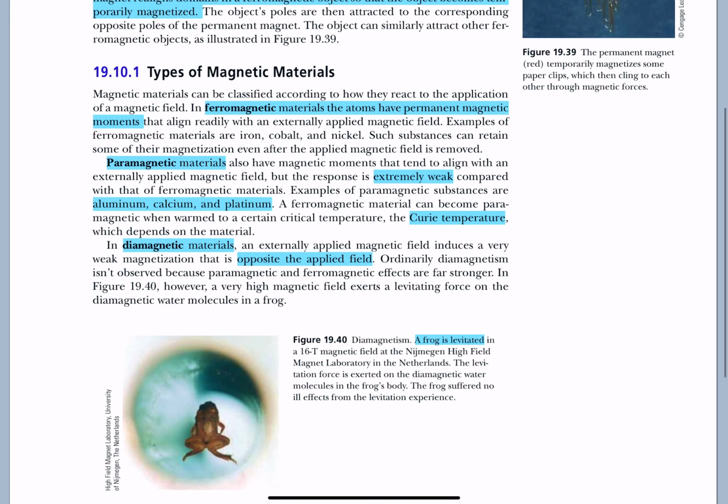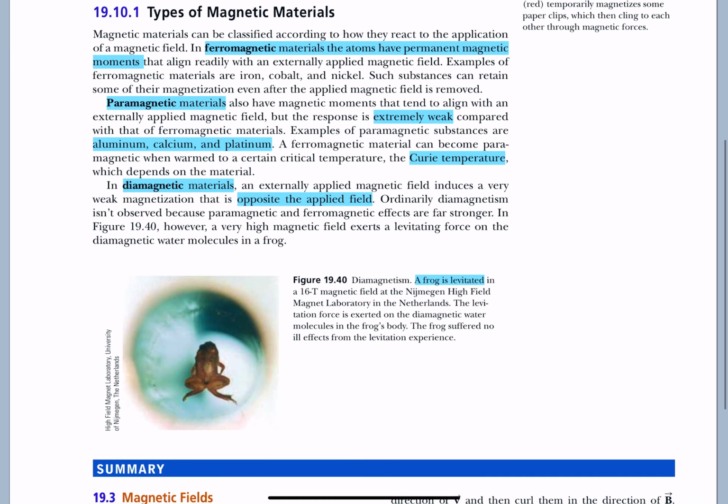So again, a ferromagnetic material can be a permanent magnet where it would retain its magnetic properties over time. Some materials, if you bang them on concrete or something, you can actually unalign the domains and it will lose its magnetic properties. Paramagnetic materials are very weakly magnetic.